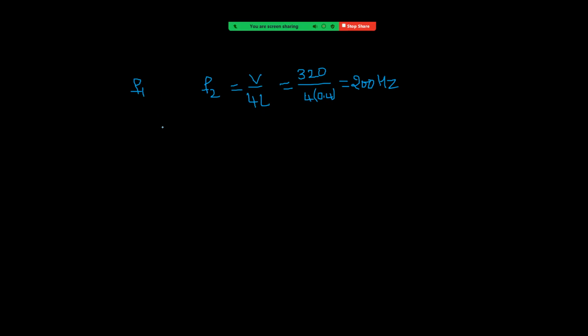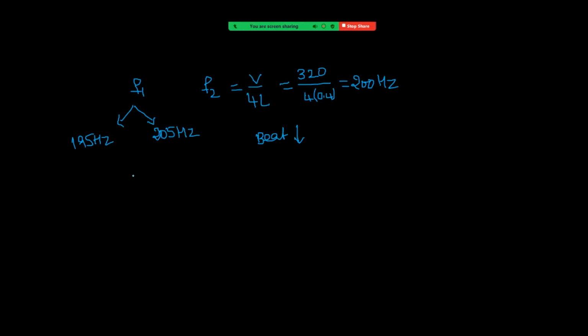Beats are 5 means F1 can be 195, one possibility, or it can be 205. We have two possibilities. One more condition is given: when wax is added, the beat frequency decreases.